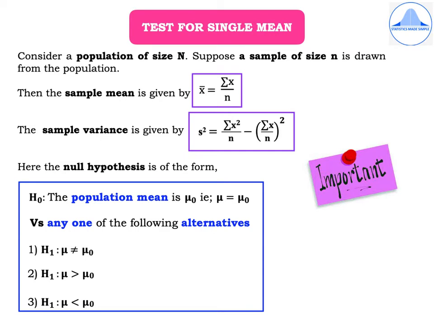The first one is always of the form not equal to, second is greater than, and third is less than. This I am mentioning because the conclusions are based on whether an alternative is two-tailed, right-tailed or left-tailed. If you remember the conclusions for one of the tests under large samples, it remains the same for all the others.